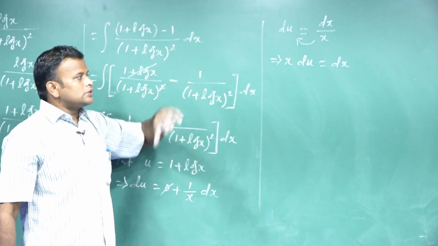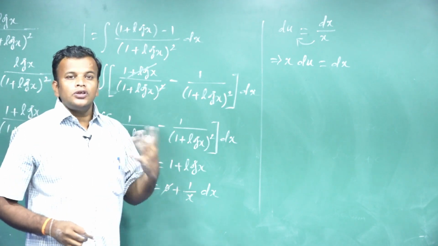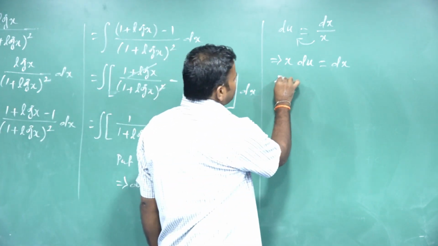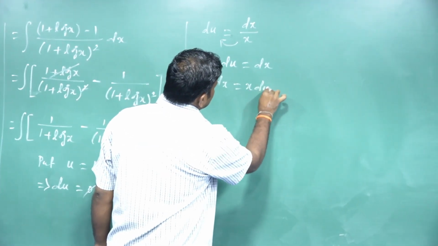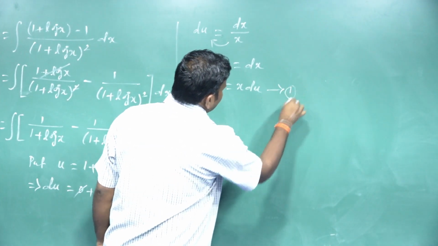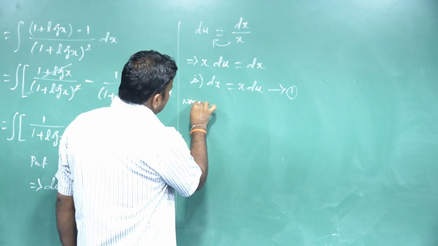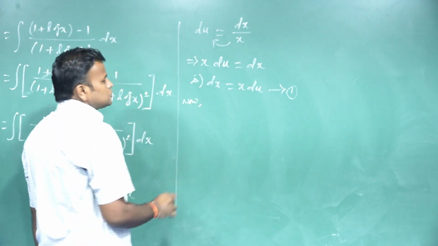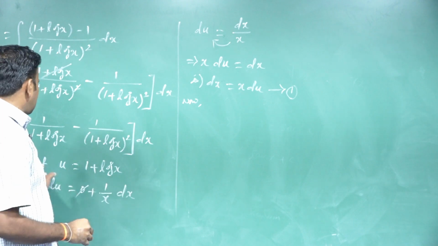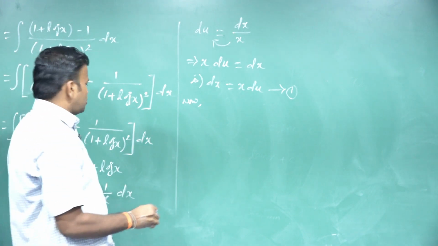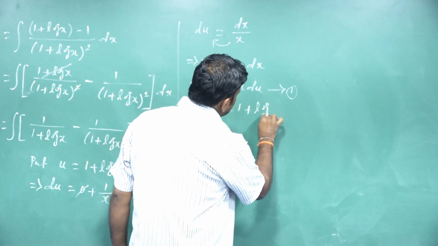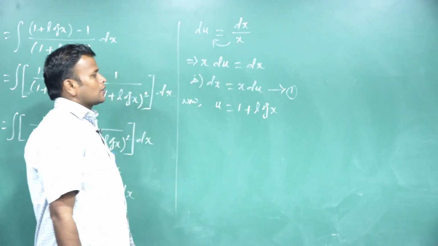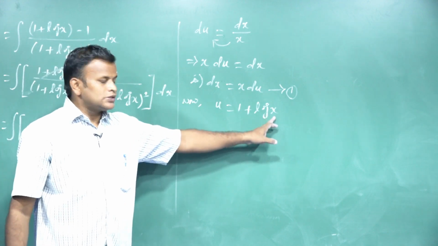The value of x must also be in terms of u. dx is equal to x du. Now we change the value of x also in terms of u. For this purpose, again I take the value of u. What is the value of u? 1 plus log x. Now we need the value of x alone.